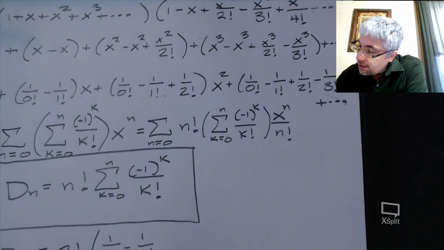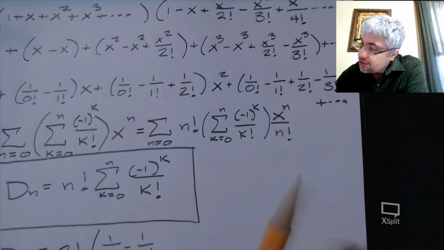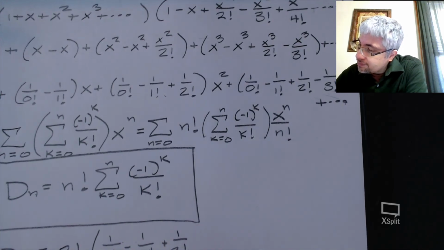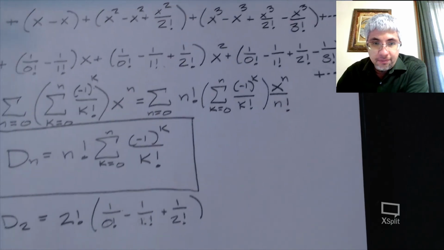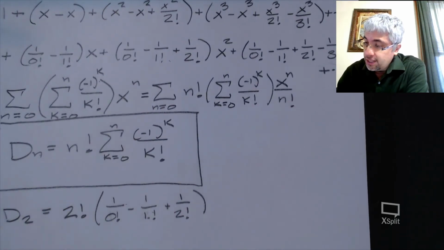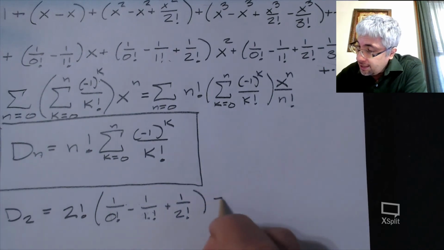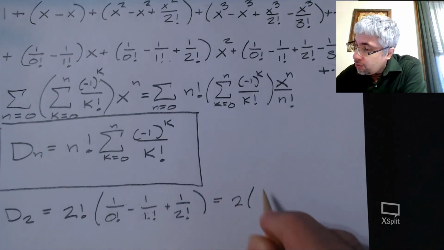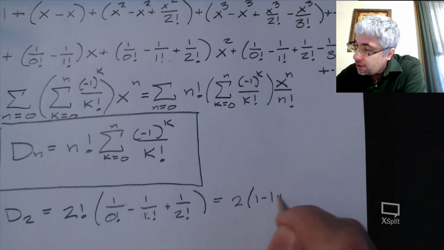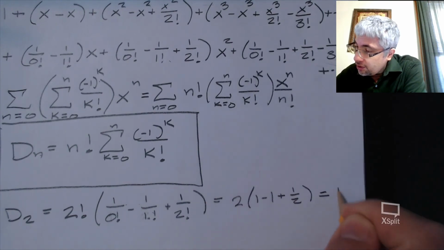And that would be 0, 1, 2. That's what this formula gives me because it starts at 0 and it ends at whatever n is. So if n is 2, this is what I would get. And of course, this is going to be 2, 1 minus 1 plus 1/2 is 1.